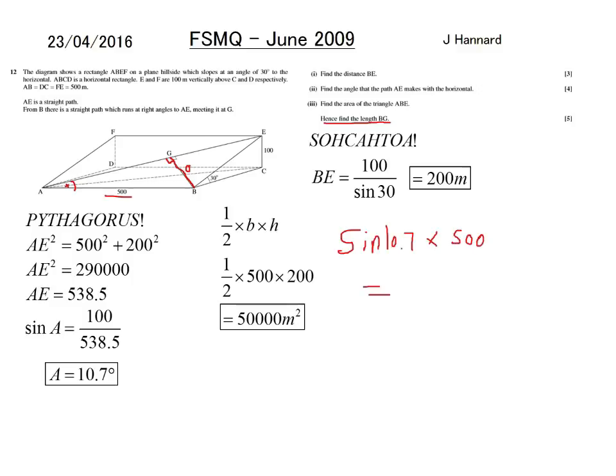And I believe that equals 186.4 or something similar. So if I do that on my calculator very quickly now, sin 10.7 times 500, it equals 92.8 actually. So that's not right. Hold on a second. Is that the adjacent? BG is that. That's the hypotenuse.